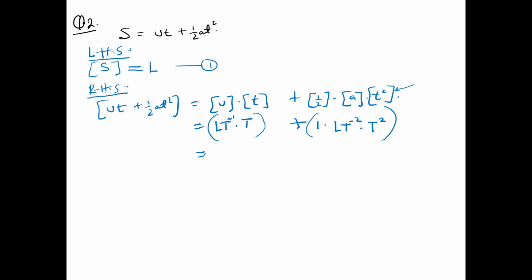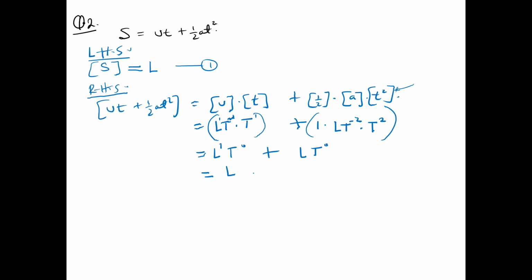So you have L power 1, then T power negative 1 plus T power plus 1, you add the powers, you get 0, so you have T power 0, then plus L times T power 0 again, negative 2 plus 2, we get 0. Any number to power 0, you get 1.